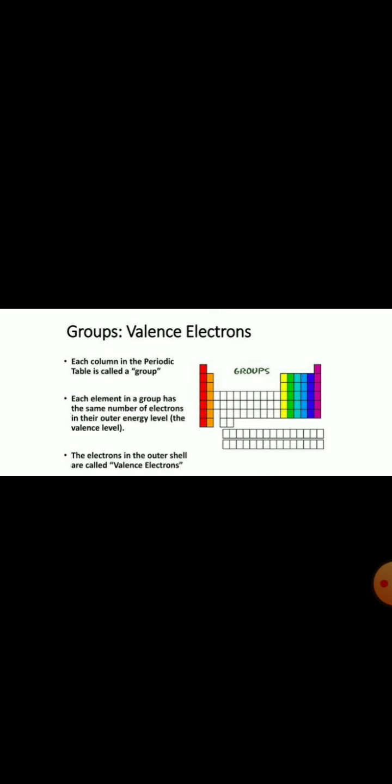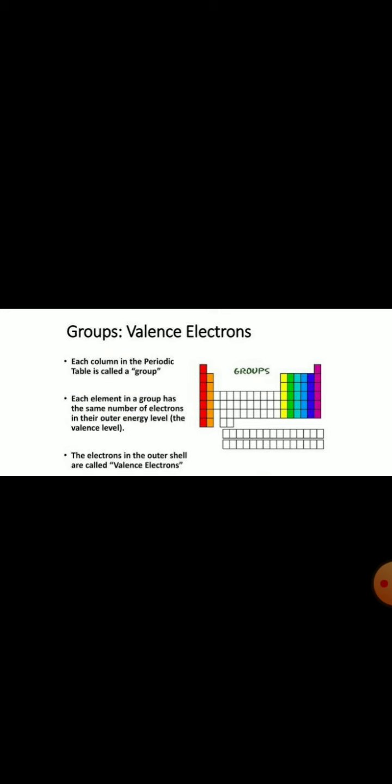Also, we can say that the groups in the periodic table signify an identical outer shell electronic configuration, which means groups tell us the number of valence electrons, the number of electrons present in the outermost shell. From the group only we can identify easily.